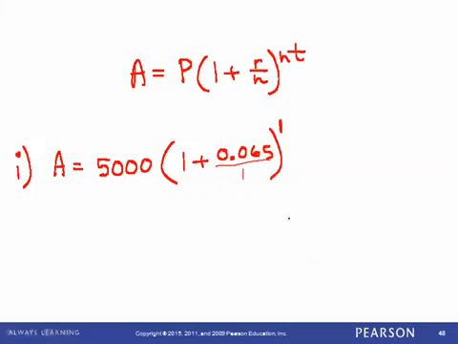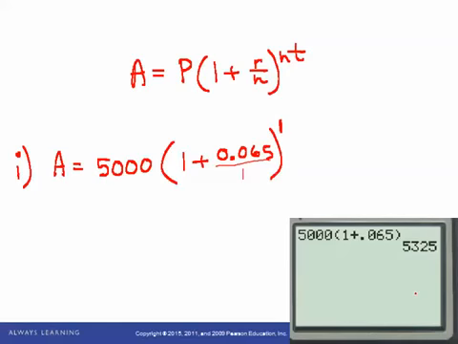Essentially, it's the same formula that we had before. Right? Because if you are only compounding once a year, you're compounding annually. And so, you should get $5,325. Not bad. $325 in a year, letting the 5,000 sit there.